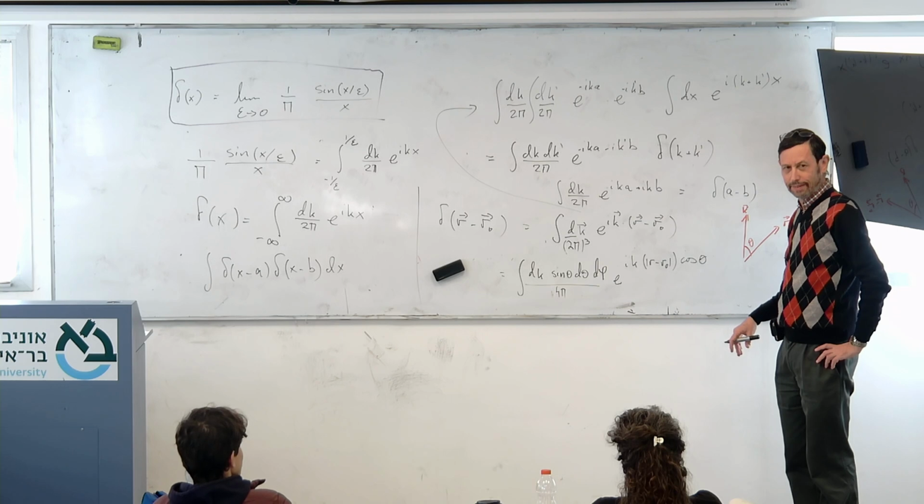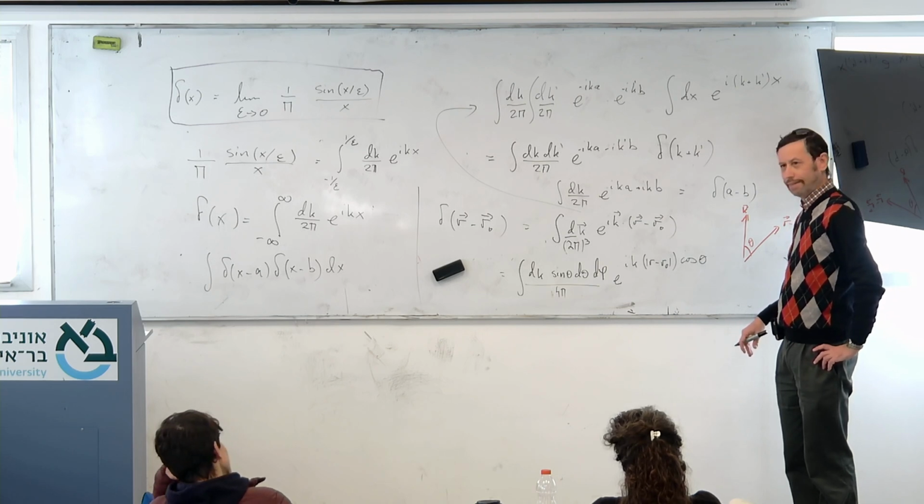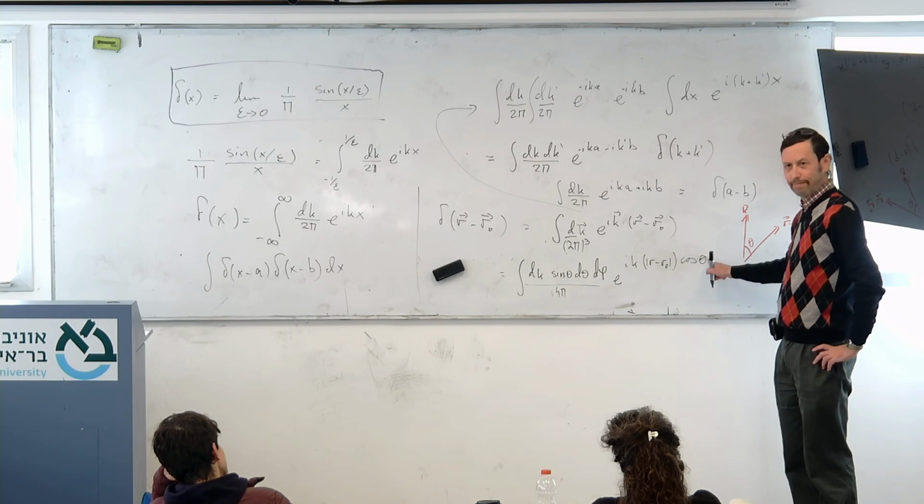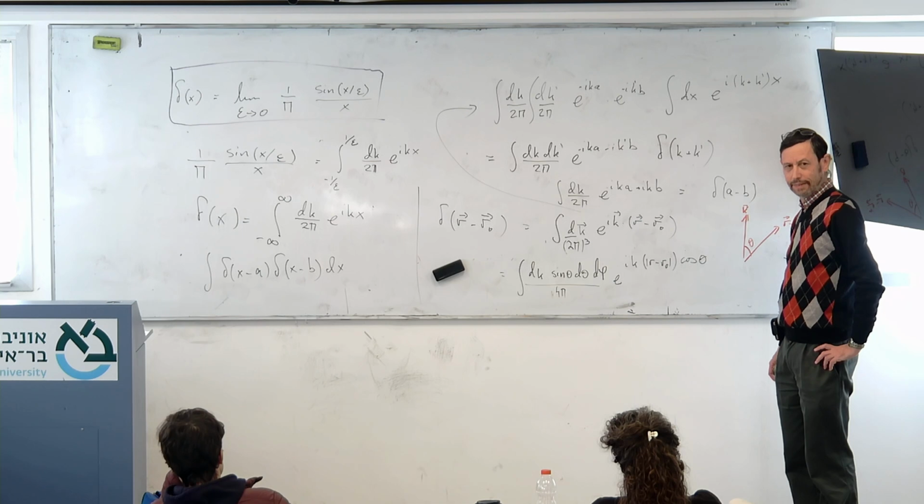Yeah, of course. You can change variables. So instead of sine theta, you get something else, but there won't be any difference between the result here and the delta that is just in x, y, and z.